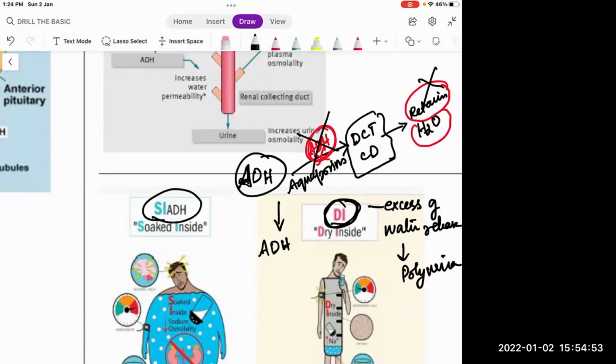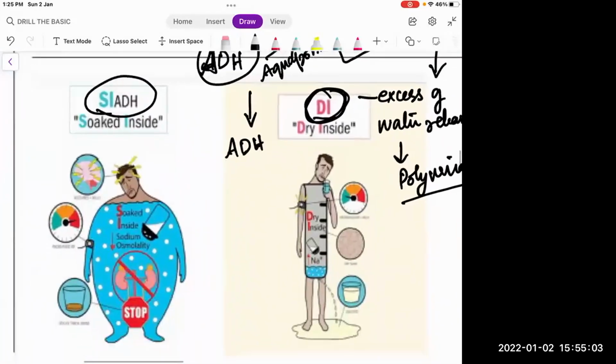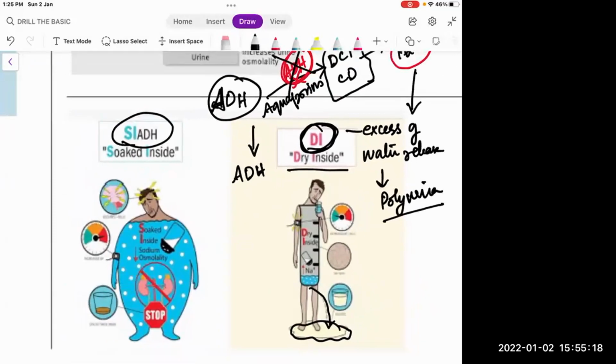In the sense, excess water will be released from the kidney nephron and leads to polyuria. So the person will encounter water loss. That is, the person is dry inside. Only the water is being released in the form of urine. That is diabetes insipidus.